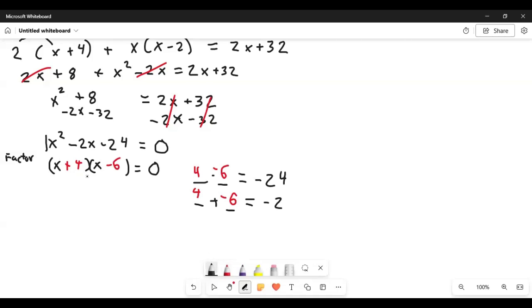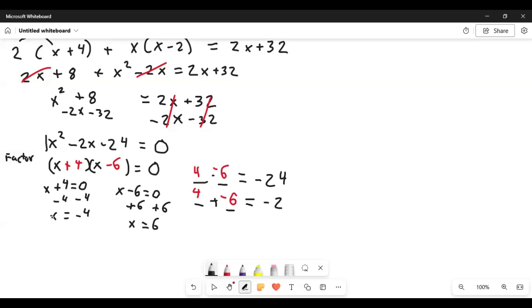And now to solve this, we set each factor equal to 0 and solve. Subtract 4 from both sides to get x equals negative 4. Also add 6 to both sides to get x equals 6.